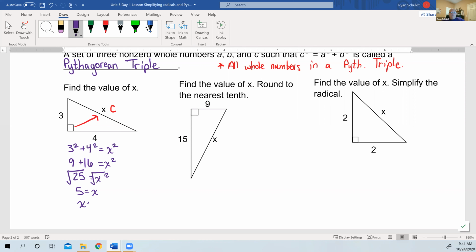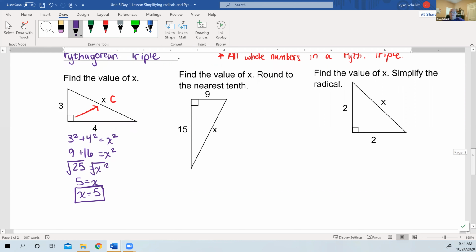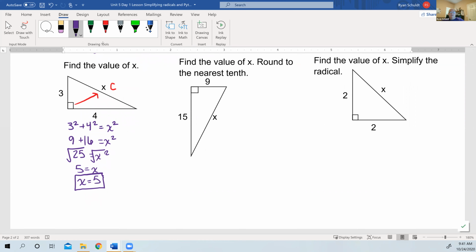X is equal to 5. Now this one, since X is 5, notice we have 3 whole numbers here. So that means we have a Pythagorean triple.